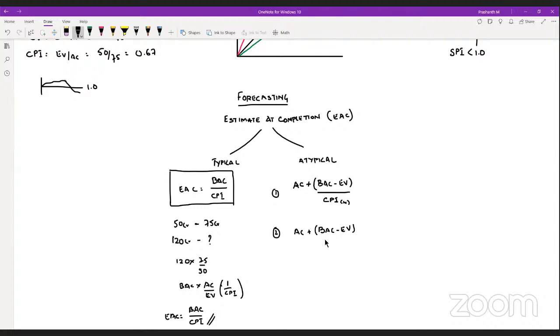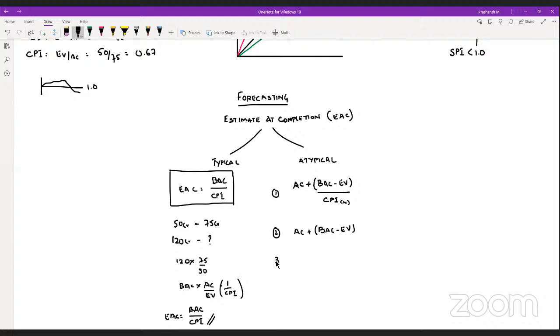That is the original plan rate. In that case, do you need to divide it with CPI? It's the same thing, you can leave it as it is. So AC plus BAC minus EV is the second possible scenario.